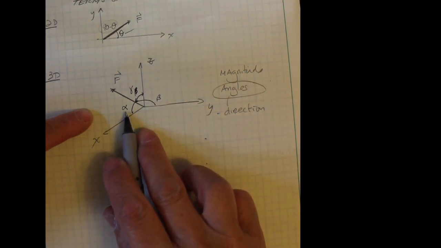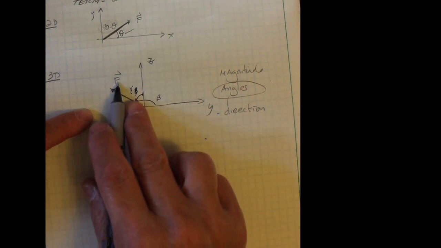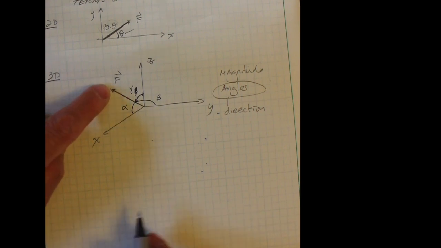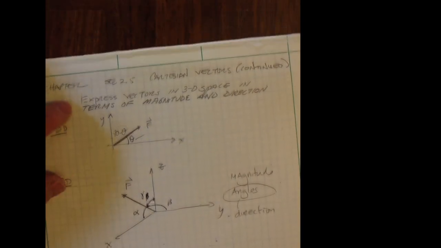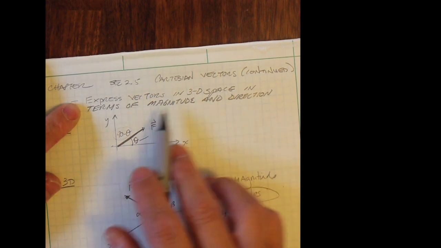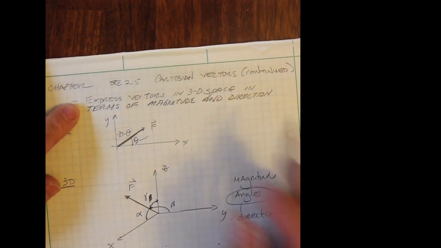By specifying those three angles and the magnitude of that force, we have expressed the vector in 3D space in terms of the magnitude and the direction.